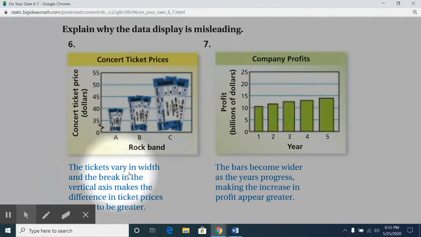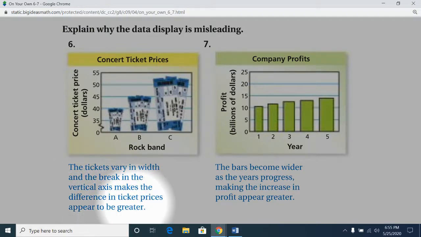So here the tickets vary in width, and the break in the vertical axis makes the difference in tickets appear to be greater. Here, the bars become wider as the years progress, making the increase in profit appear greater. All right, that's not why it's greater. It's greater because the graph is going up higher.